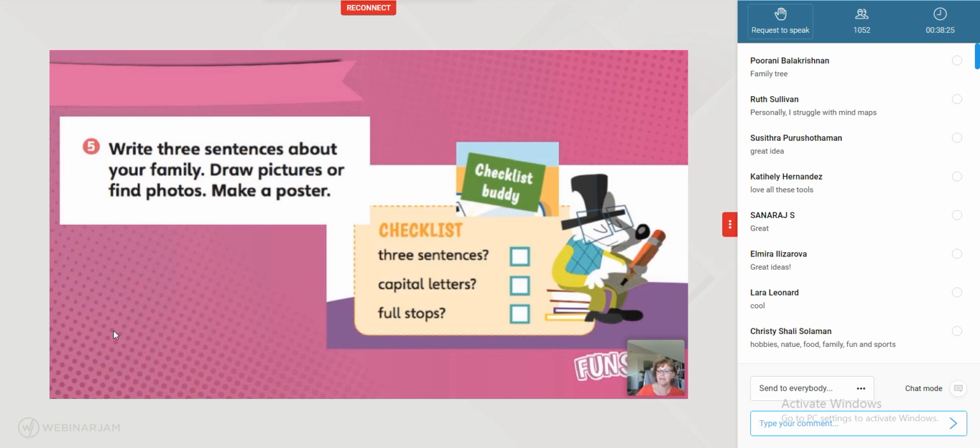Have you written 3 sentences? Have you used capital letters? Have you used full stops at the end of the sentences? So students can go back to their writing and just quickly check, yes, yes, yes. Or if it's yes, no, yes, then we can go and correct those capital letters or put them in where they should be.